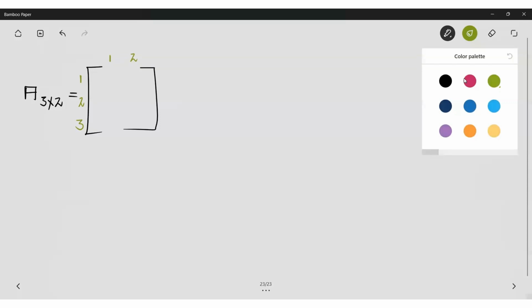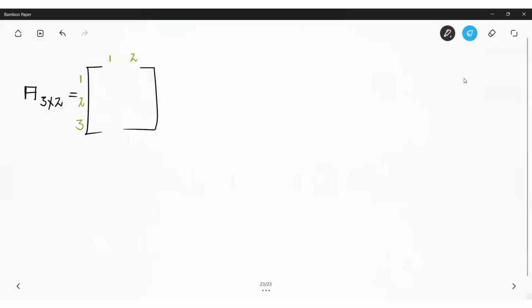Now, I'm going to fill out the numbers in there. For row number 1, column number 1, it's going to be +1. For row number 2, column number 1, again it's going to be +1. For row number 3, column number 1, again it's going to be +1. Now I go to column 2.